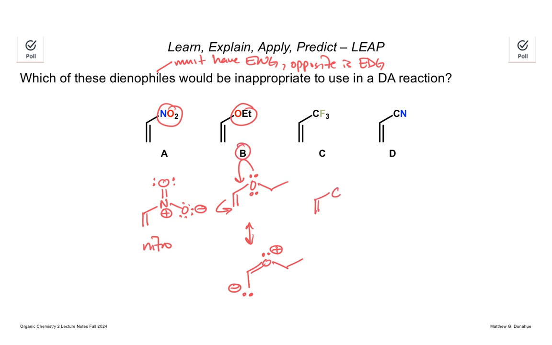So C does not have a situation for resonance. You have CF3, which is called trifluoromethyl. There's no plus charge, there's no electrons, but we know that fluorine is the most electronegative.